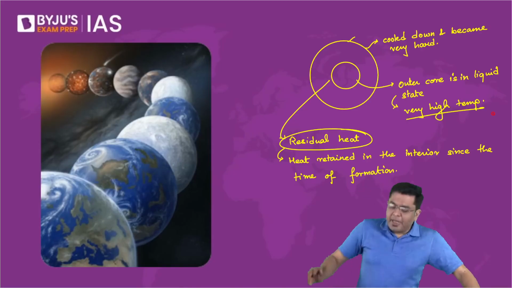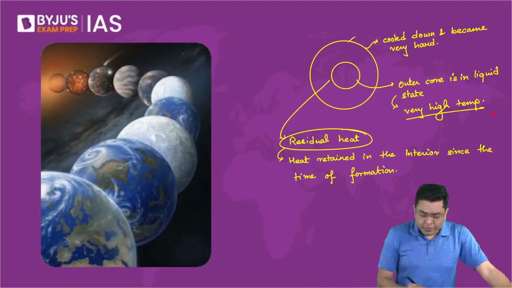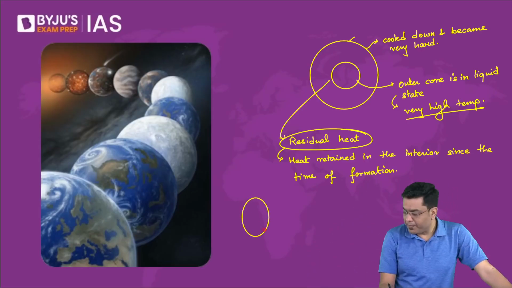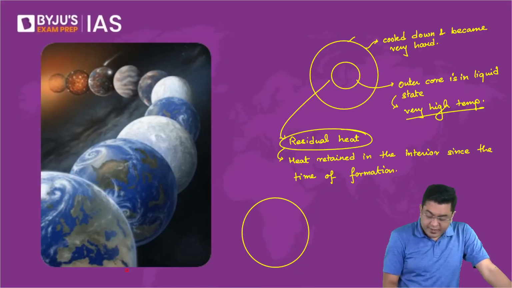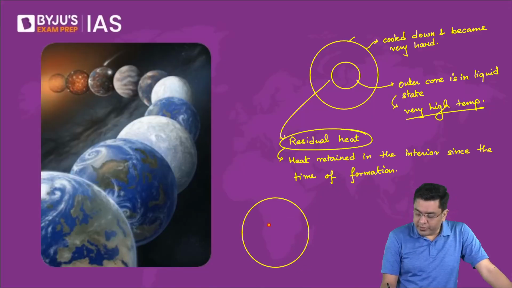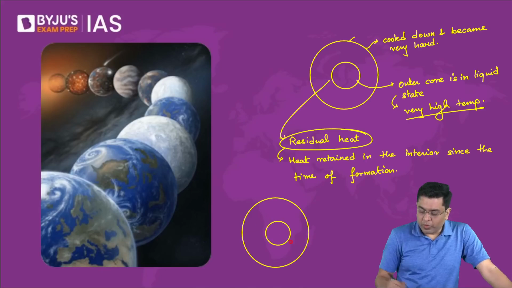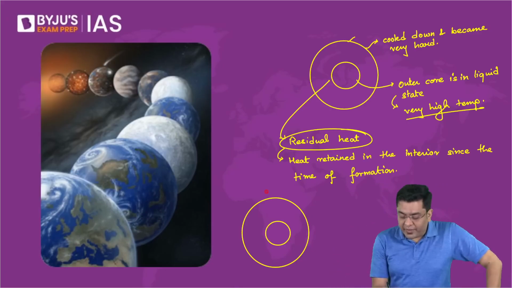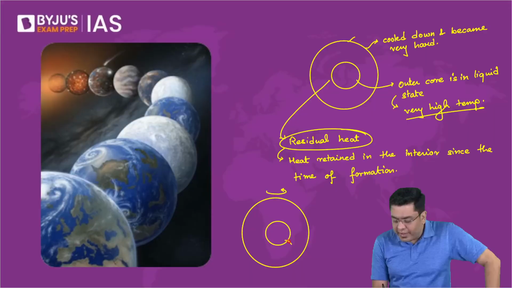We'll come to that, but first, for that you need a clear understanding of the structure. This is your surface, this is your core. Now, as the planet rotates, the outer core is in a liquid state.